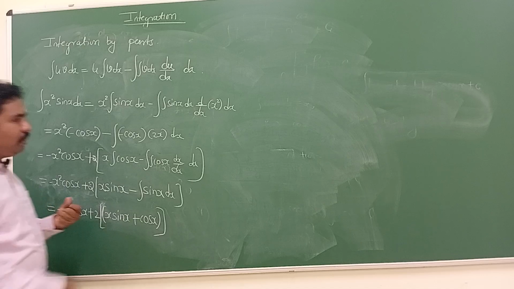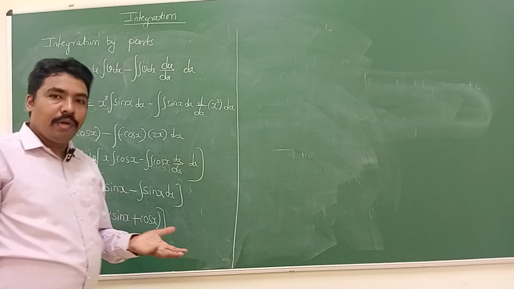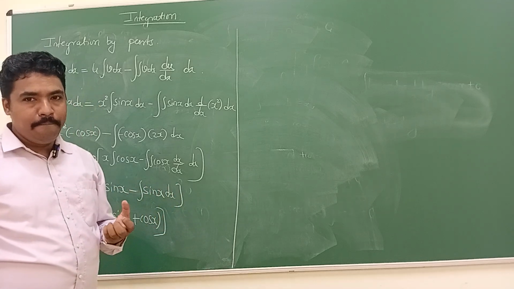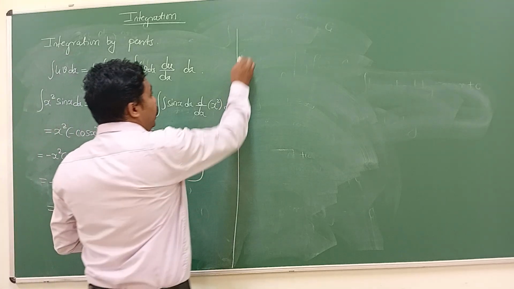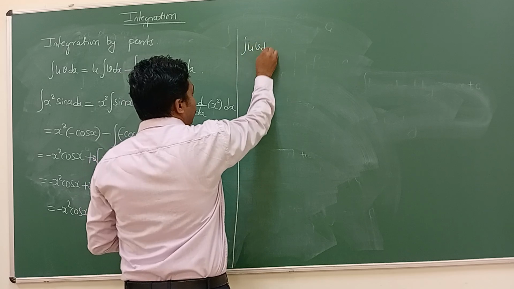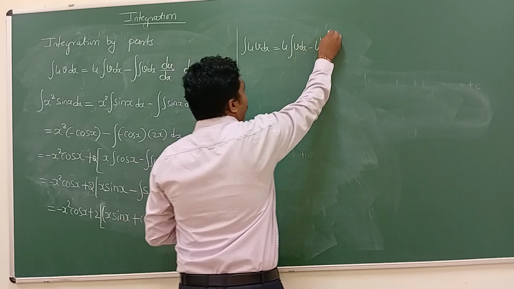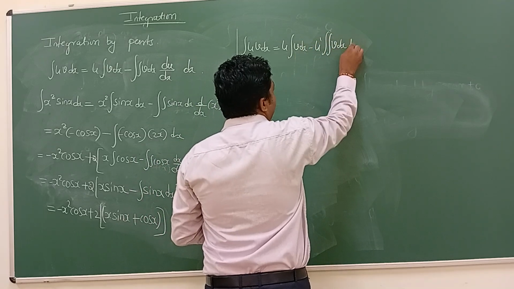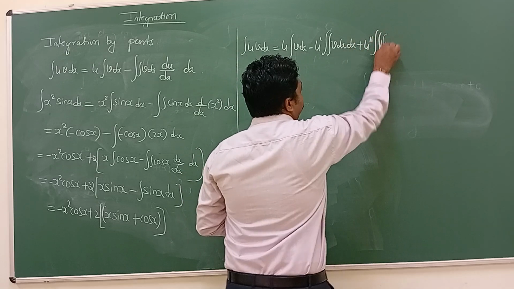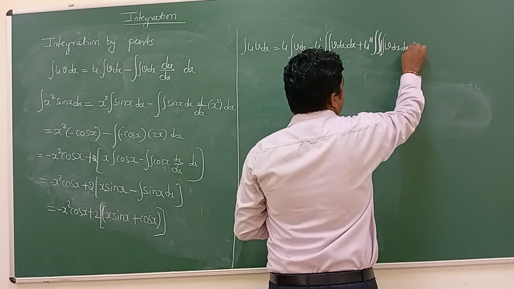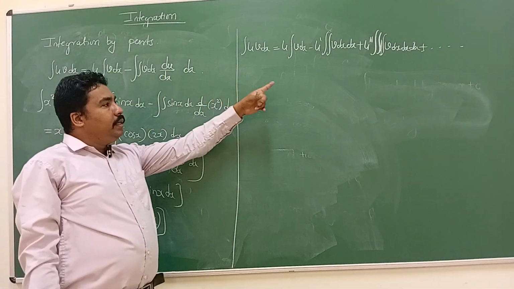Okay, so to avoid this or to simplify these steps, I will just tell you one more important rule in integration, that is the general method, or it is also called Bernoulli's rule of integration. Okay, so what it says, integral of u into v dx is equal to u integral v dx minus u dash double integral v dx dx plus u double dash triple integral v dx dx dx plus or minus etc. So that is also called integration by parts.